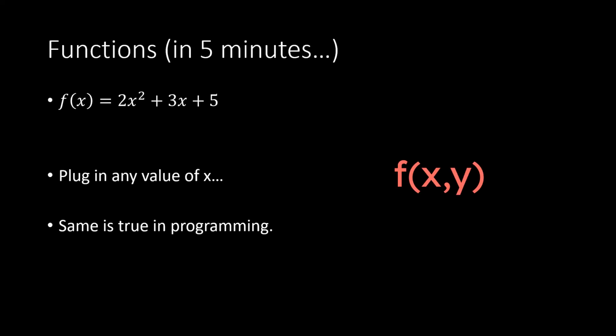Suppose you had a function f of x comma y, then you had to provide the value for x as well as y. Same thing happens in functions in programming as well. The function tells you how many input values it requires. And as you provide the input values, it gives you certain output values.